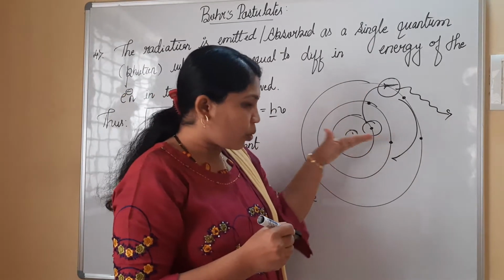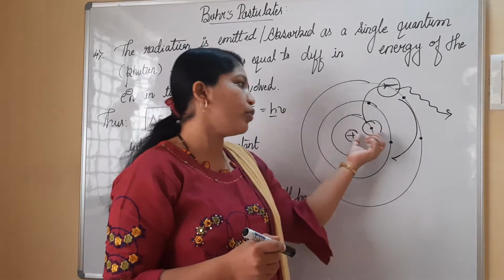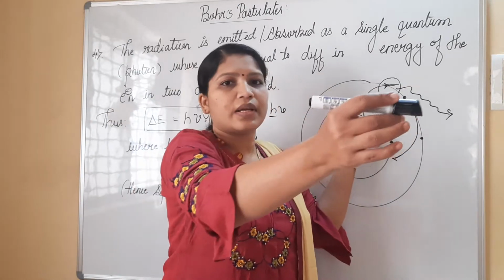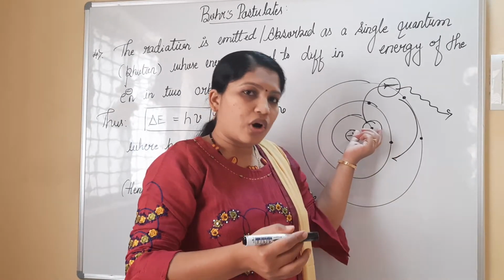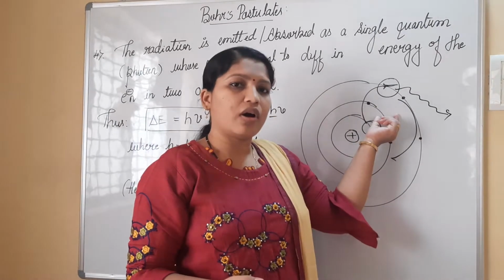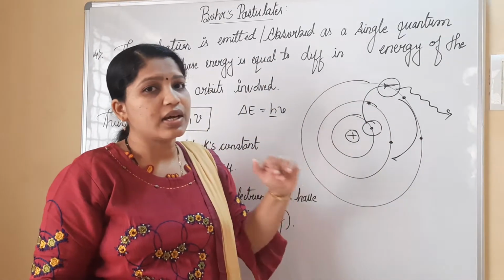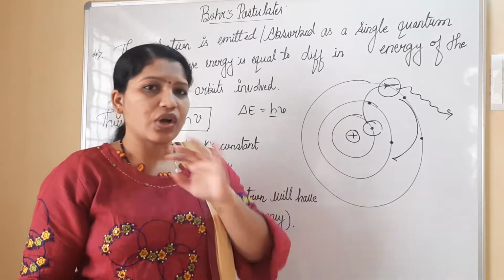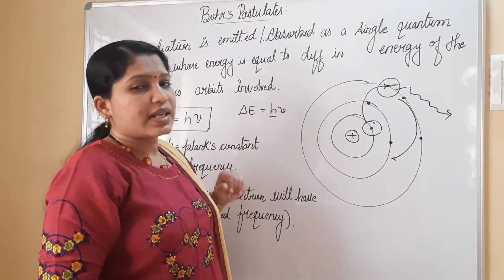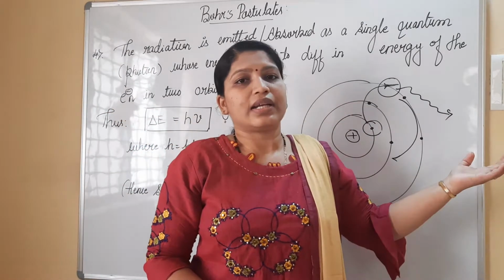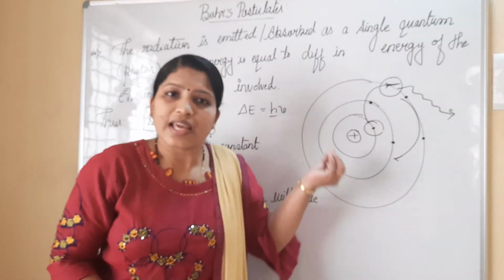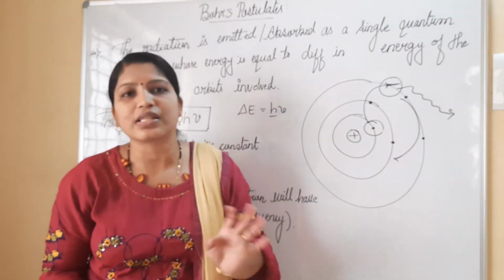While coming back, it may come to the state from where it was excited, or it may come in between, or it may come to the inner shells or inner orbits also. It is not necessary that the electron return to the same orbit from where it was excited. It is not necessary like that.